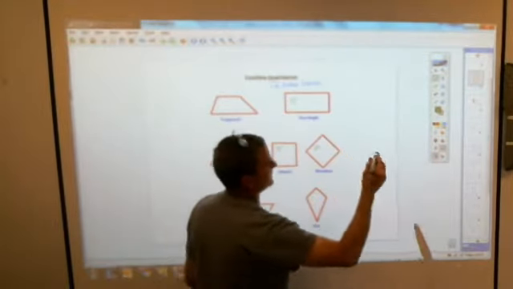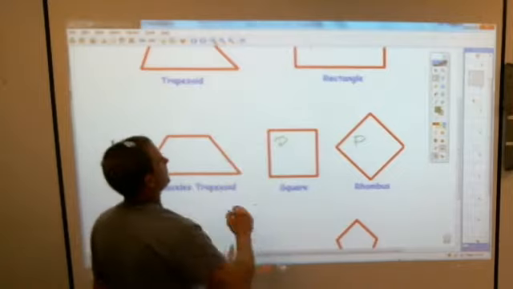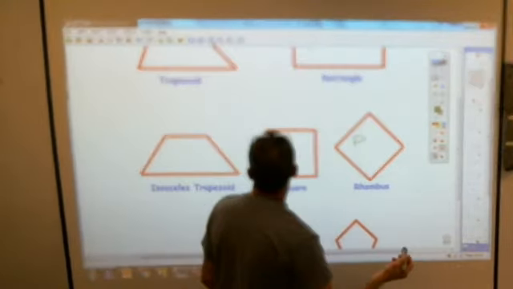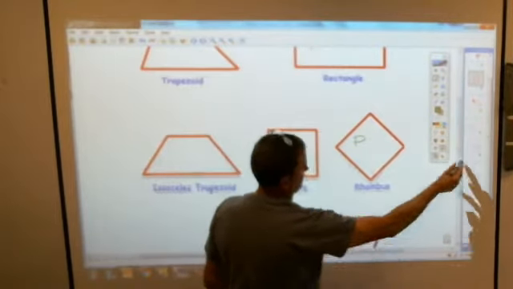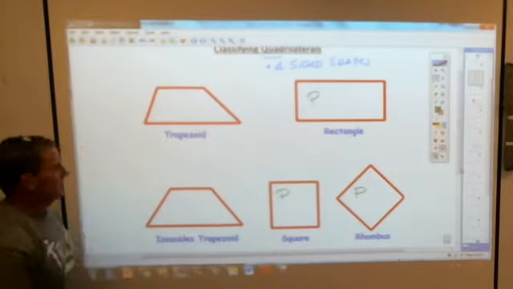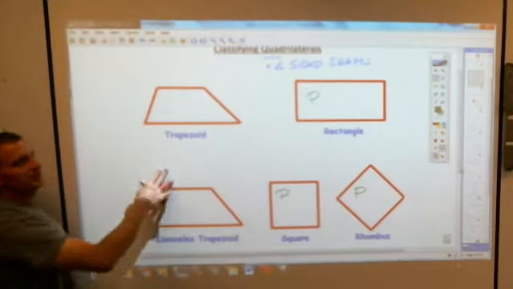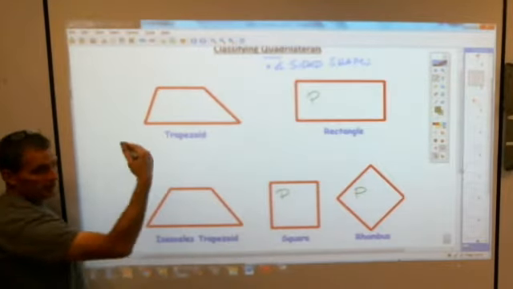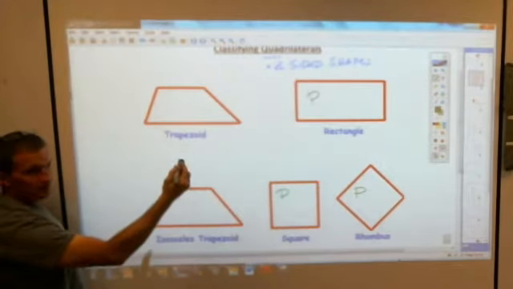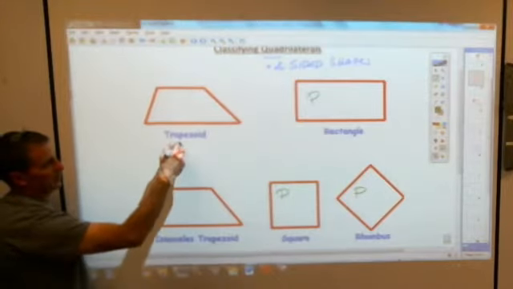Now, let's go to the exact definition of, well, let's do the ones that aren't parallelograms just to get them out of the way. A trapezoid simply means, by the way, I believe this is called a trapezium there, and I'm not sure why, but that's neither here nor there. The exact definition of a trapezoid is, Chase?